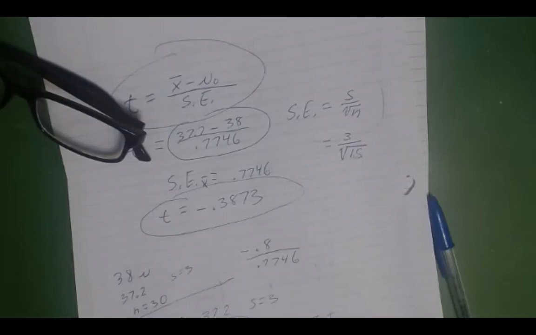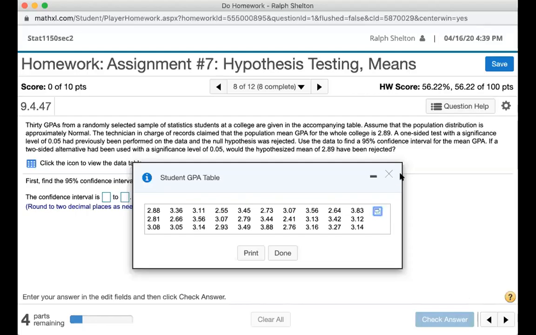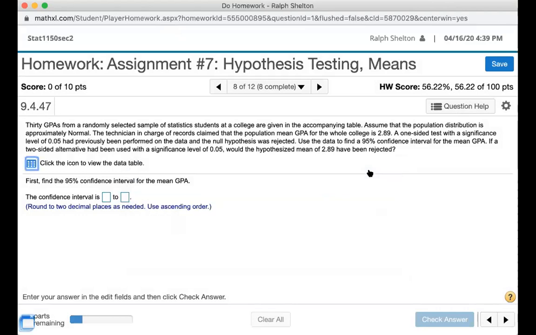Yeah, it doesn't show another StatCrunch anywhere.